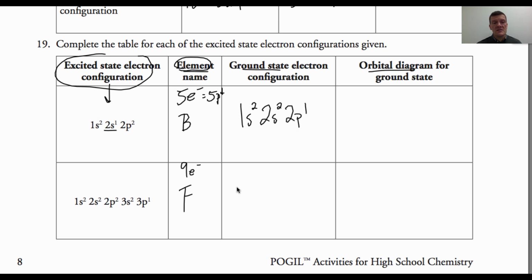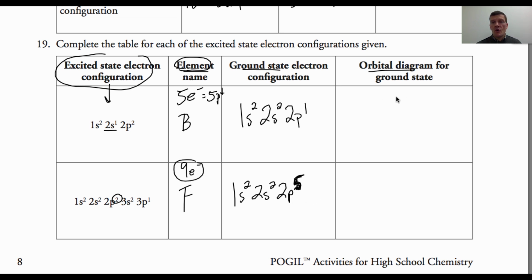There are your 5 electrons. Here, 1s2, 2s2, 2p6. Notice that's not the case here. Some of them moved up. And we need to have 9. Oops, I went too far already. It should be a 5 right here. Okay, sorry about that. That should be a 5 because I should only have 9 electrons.